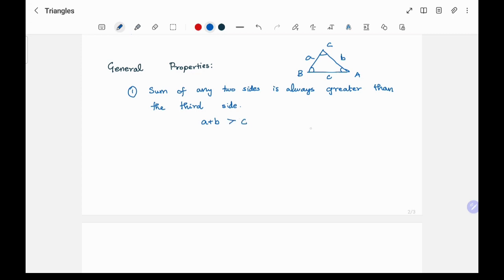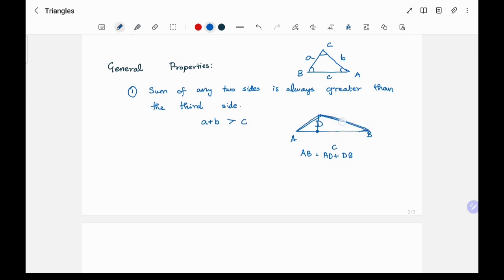So you can simply visualize. Let's take A and B, this of length C. So now pick any point, let's say this D. So AB is equal to AD plus DB, right? Suppose if you move this anywhere else other than on the line segment, this length is going to be greater.